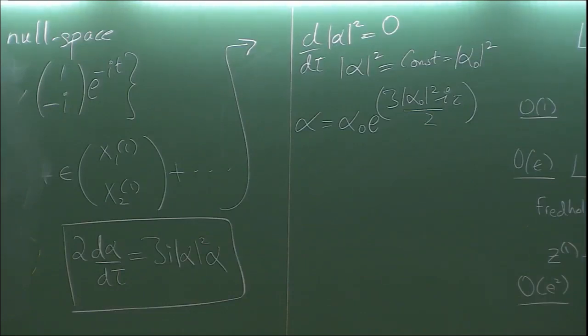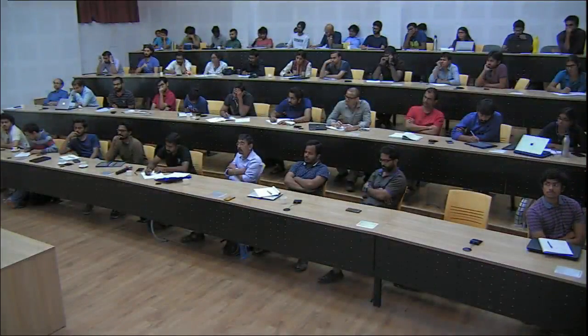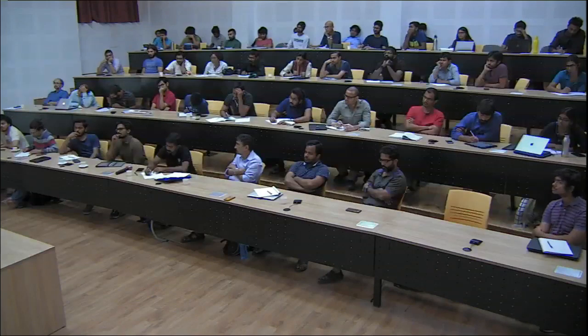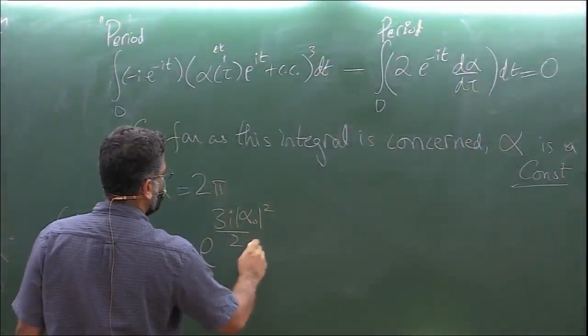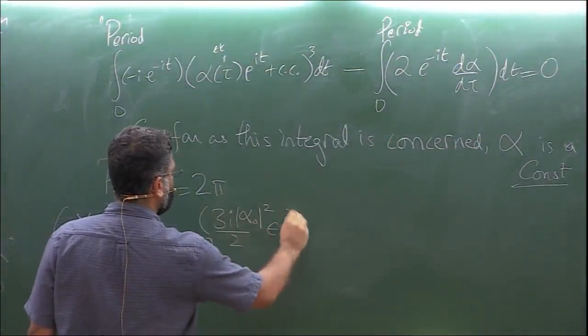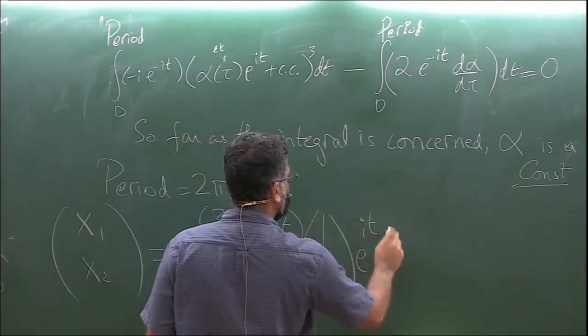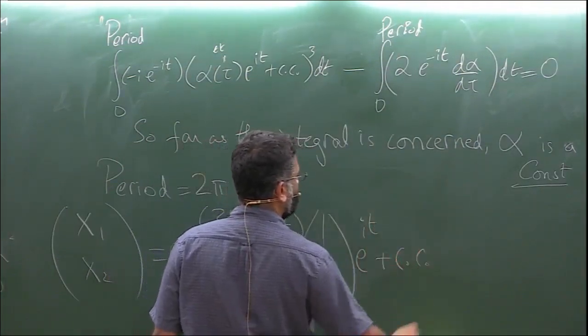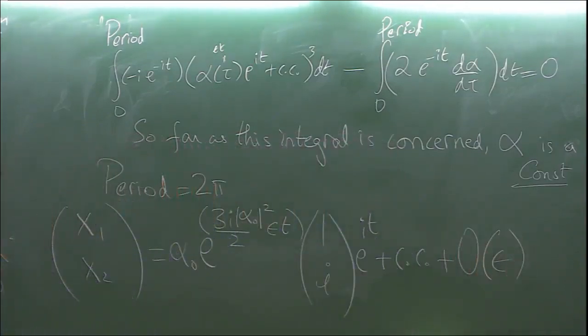So I can go back over here and write down my solution, x1, x2, to be alpha naught e to the 3i alpha naught squared by 2 epsilon t, times 1, i, e to the it, plus complex conjugate, plus order epsilon. So I just substituted what the function alpha is.